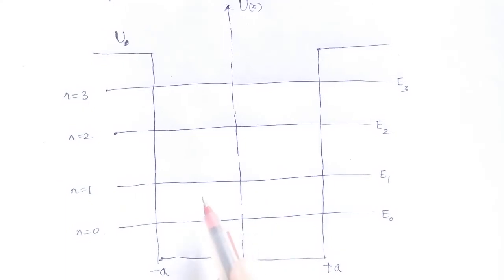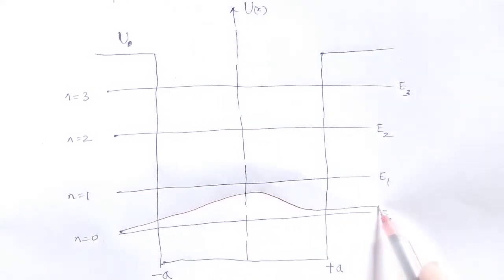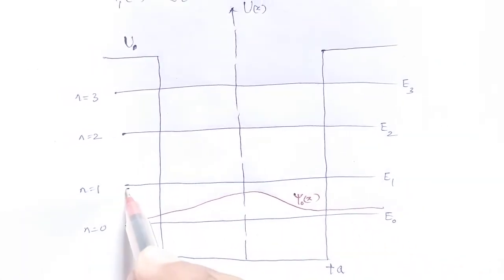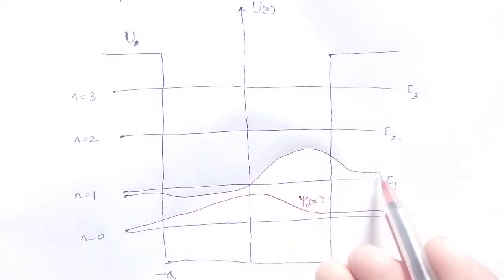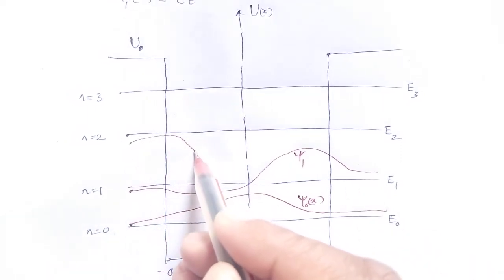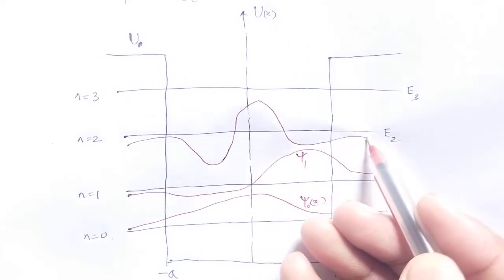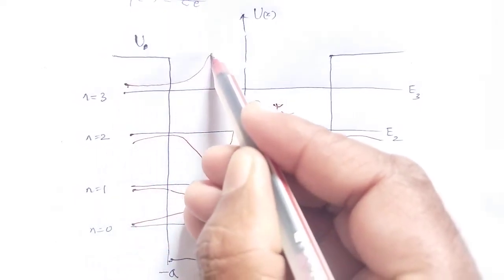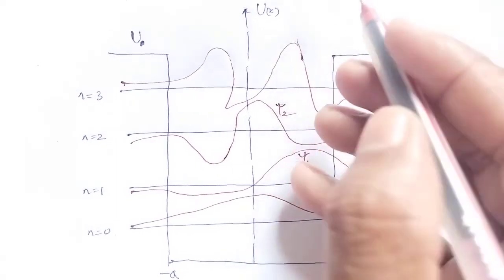So what happened? This is for psi naught of x, and when n is equal to 1, this is psi 1, and when n is equal to 2, it is psi 2, when n is equal to 3, the graphs are like this, it is psi 3.